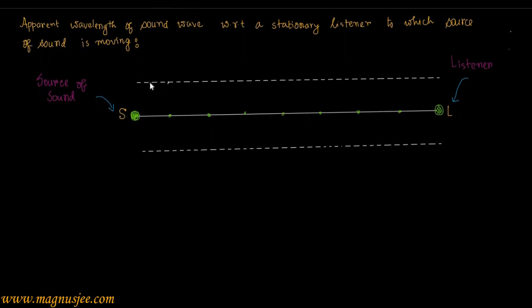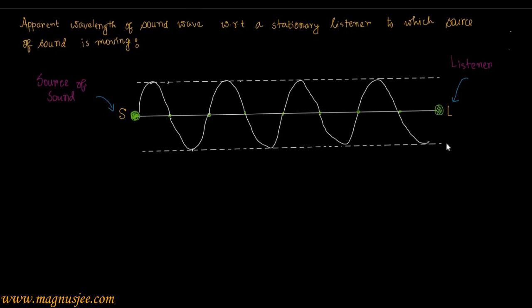Now the source of sound emits a sound wave of frequency nu, and the sound wave will oscillate within these two imaginary straight lines, and we can denote a number of oscillations between the source and listener.